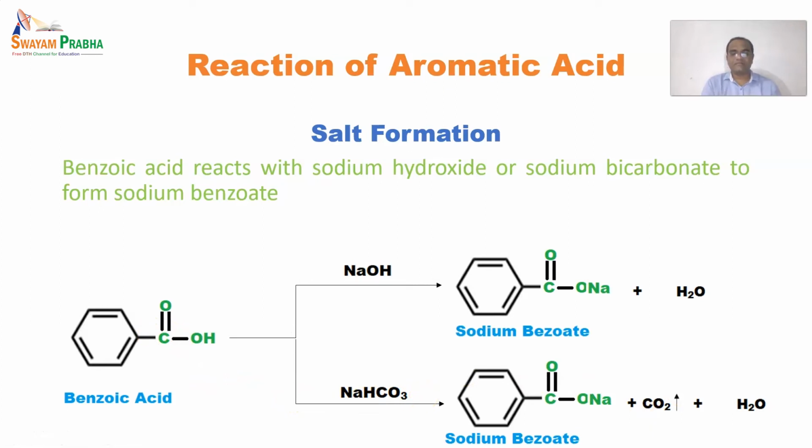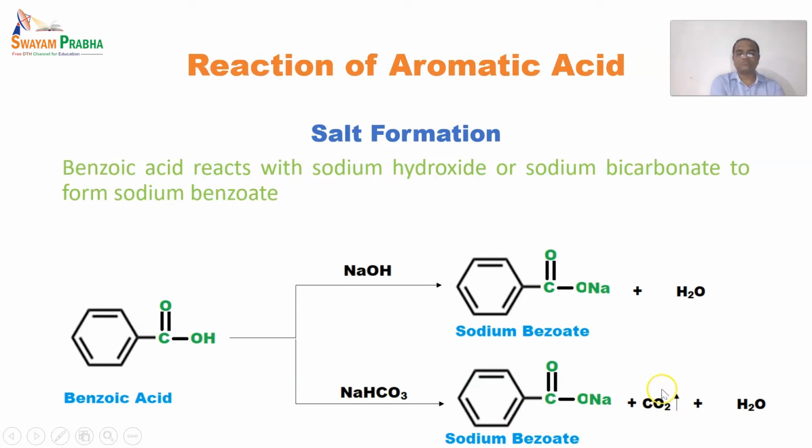We will come across this in the test for benzoic acid. Whenever a compound is an acid, it will liberate CO2, and CO2 remains as an indicator as the reaction proceeds from benzoic acid to sodium benzoate.